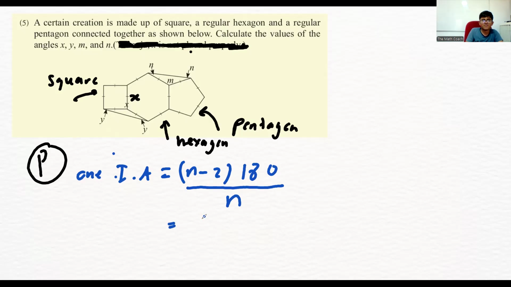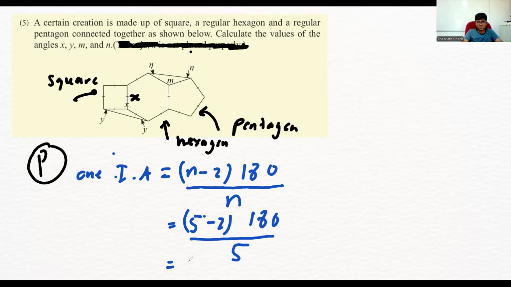So n is going to be 5 for a pentagon. 5 minus 2, 180. I'll save some time by doing it in my mind. 3 times 36 is going to be 108. That's the answer. 3 times 180 divided by 5 is going to be 108 degrees.